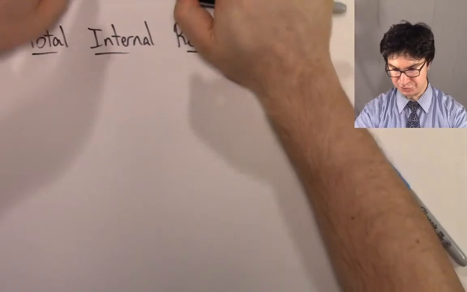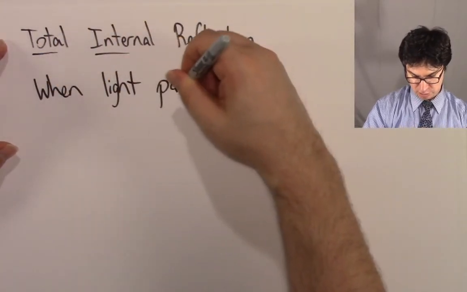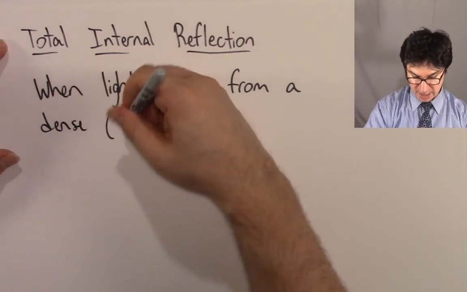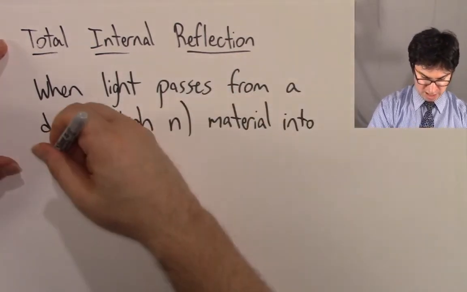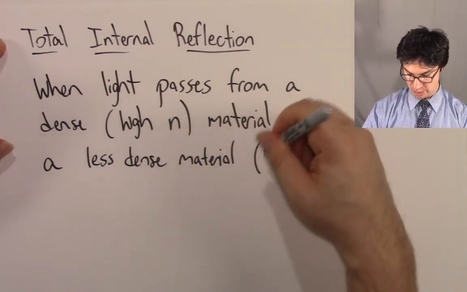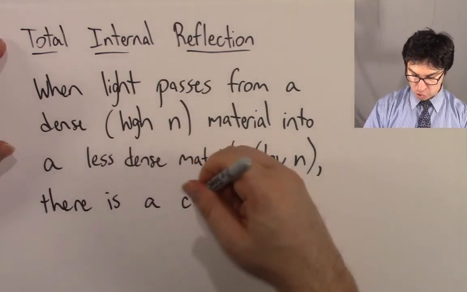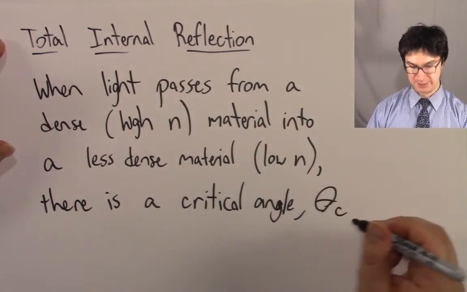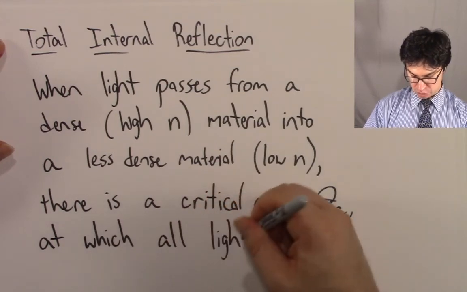I want to show you something kind of interesting. When light passes from a dense, so that would be a high index of refraction, a high N material, into a less dense material, that would be a low N material, there is a critical angle, theta C, critical angle theta C, at which all light reflects.